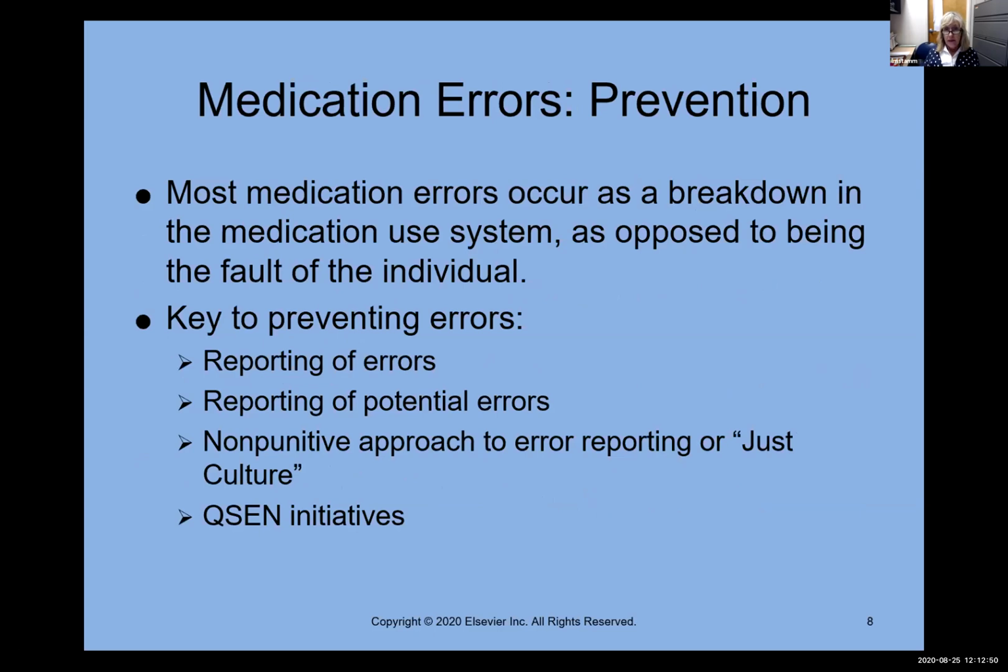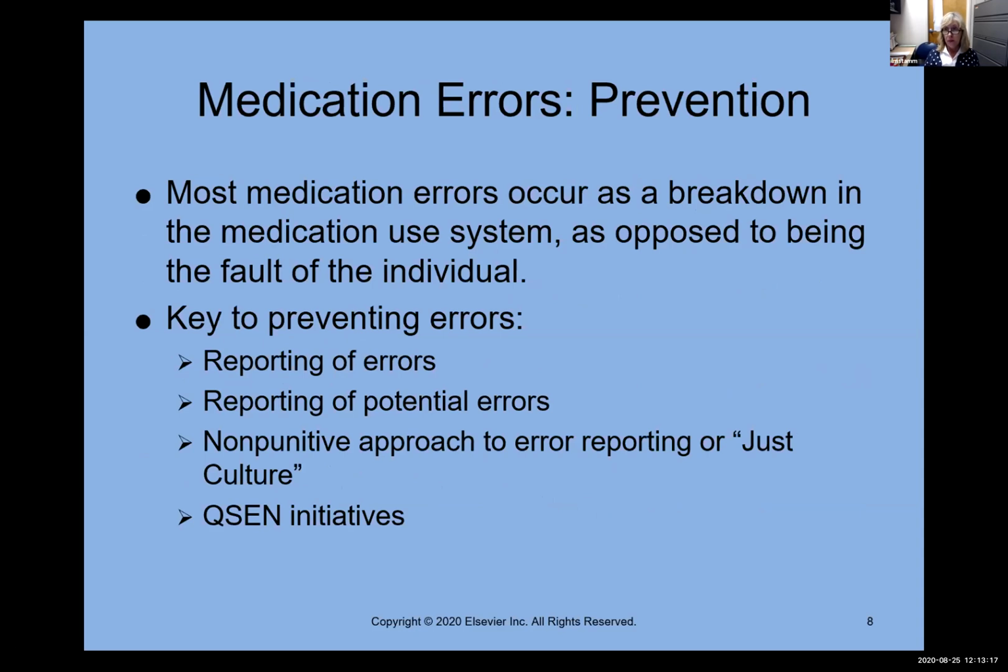Now, as I said before, what we want to do is to prevent medication errors from even occurring in the first place so that we can stop those 7,000 deaths. And there are certain things that are in place in healthcare to help prevent those. So any medication error or any potential error must be reported.